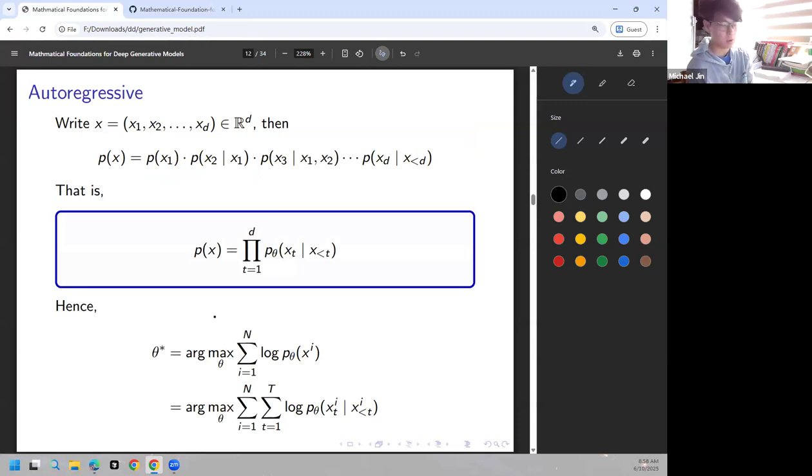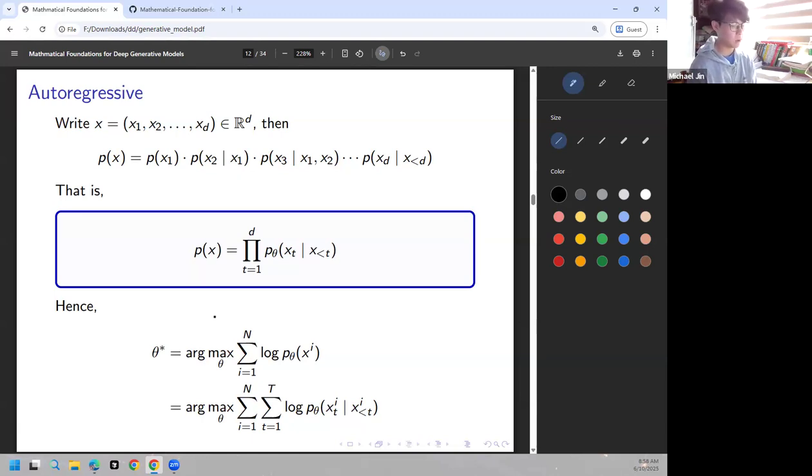So start with the most simple one, the autoregressive model. Every sample X in the data space is D dimensional, so we can write out its components as X1 to X of D. By probability decomposition, the probability of X appearing is equivalent to X1 first appearing and its probability, times, given that X1 has already been seen, the probability of X2 appearing.